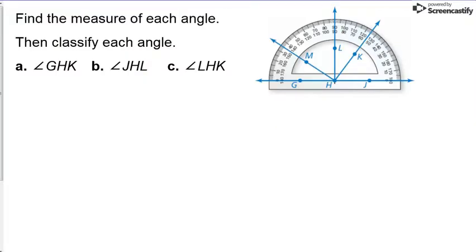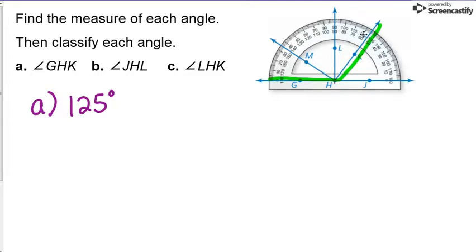All right, find the measure of each angle, then classify the angle as acute, right, obtuse, or straight. So the first one, we have angle GHK. So GHK. So I'm starting at 0 degrees and I'm traveling upwards. And because I know that this is bigger than 90 degrees, I'm going to look at the bigger number.